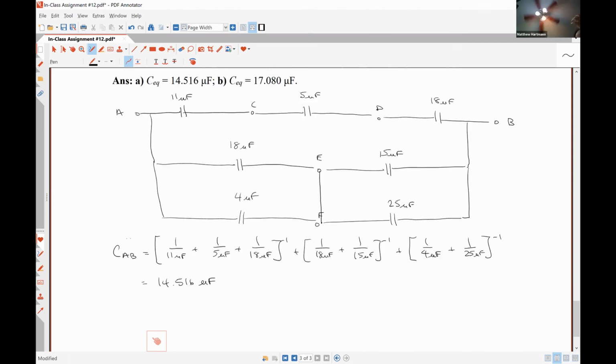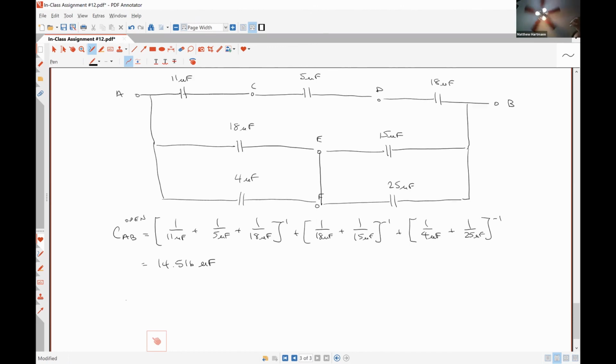So this is open. Closed. So I'm going to take care of these bottom paths first. So the 18 and the 4 are in parallel. Right?